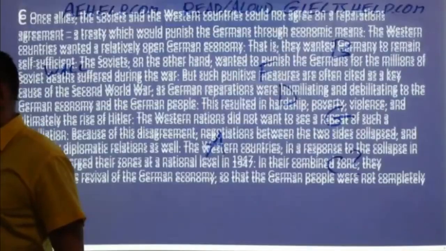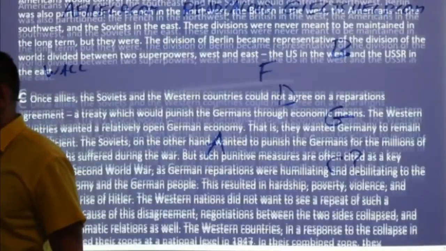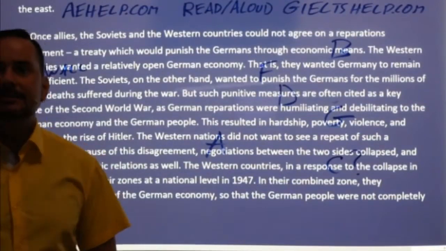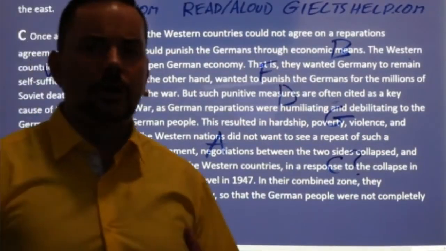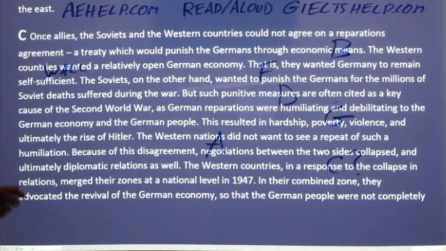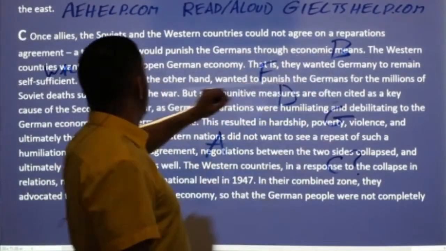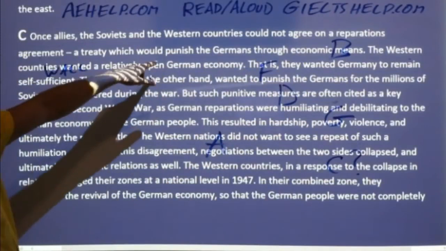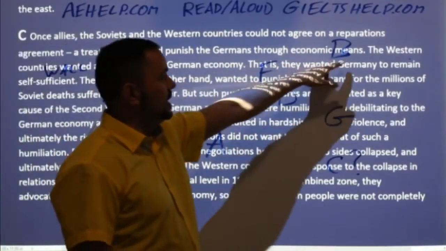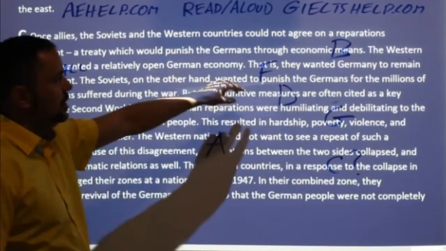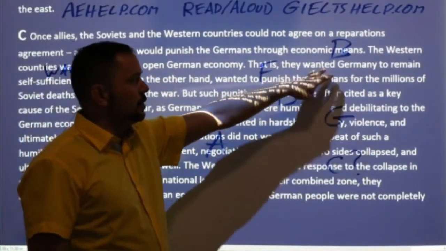If you're answering every second question with confidence, then you have time to check the ones where you're not 100% sure. So you go back, see, once the Soviets and Western countries could not agree on reparations agreement, a treaty which would punish them through the economic means, the Western countries wanted open German economy and the Soviets wanted to punish them.